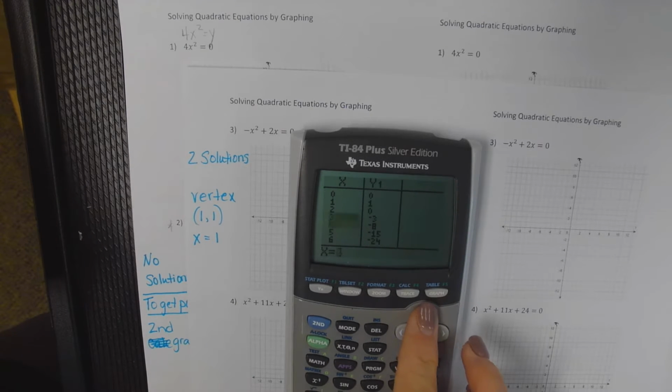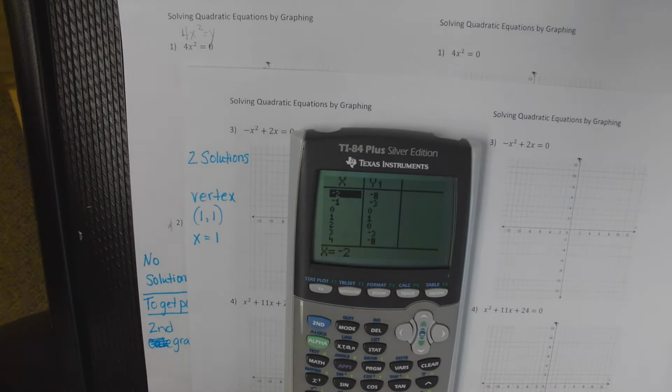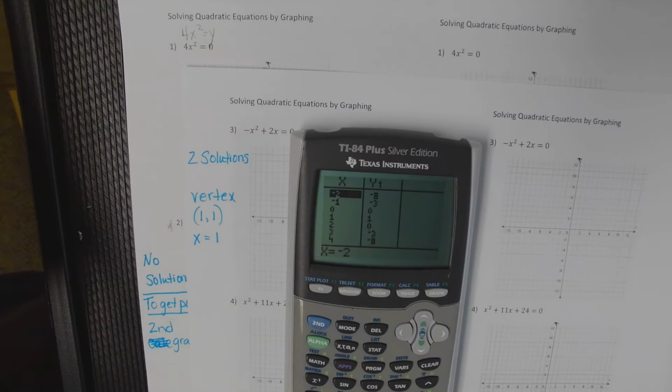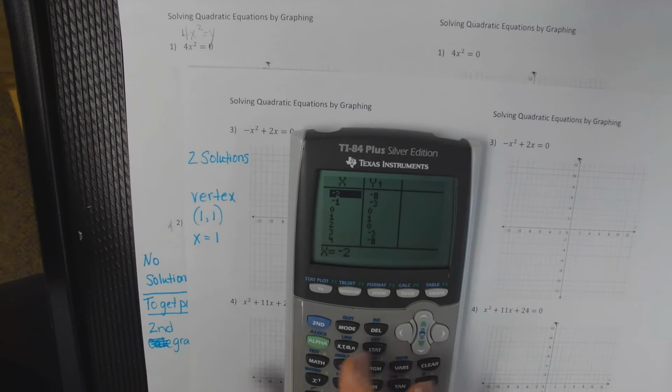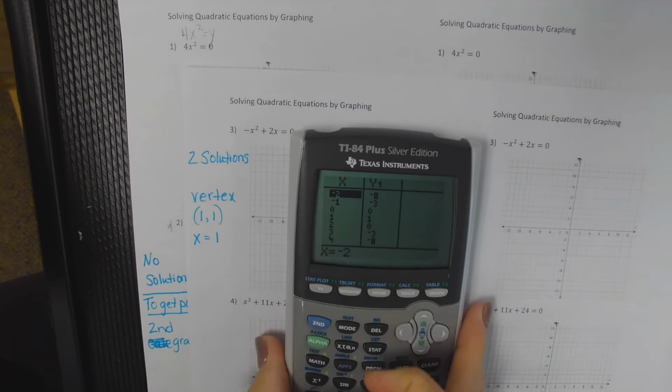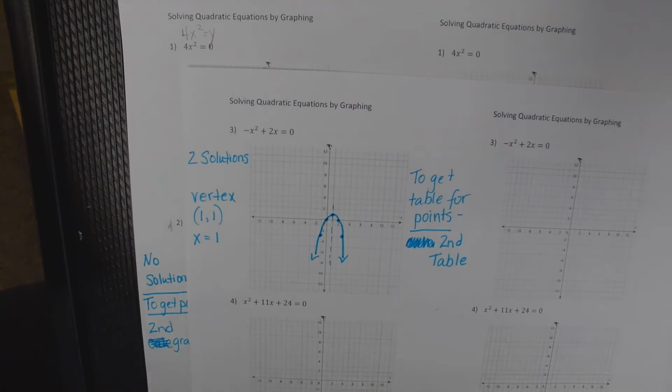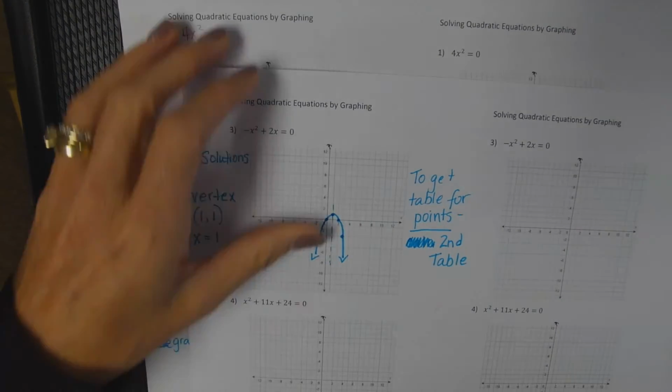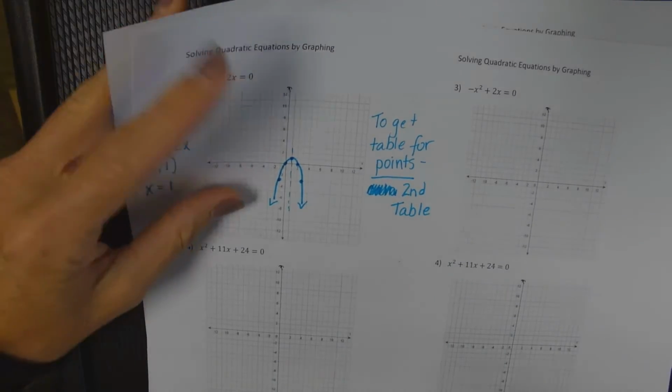Here's the table. I'm going to get some paper to start doing 4-3.